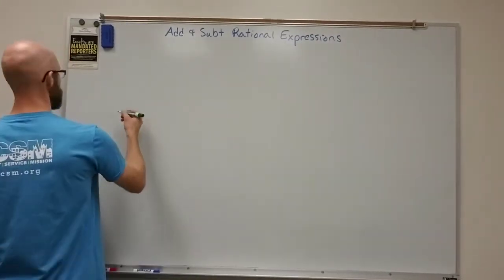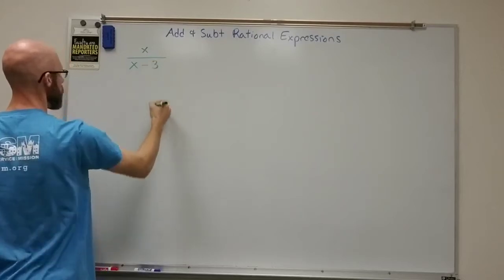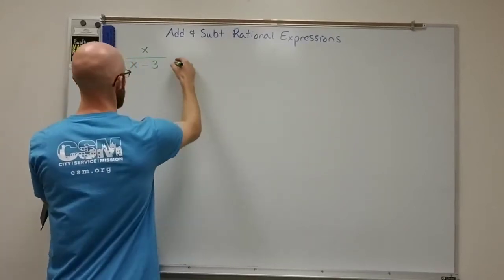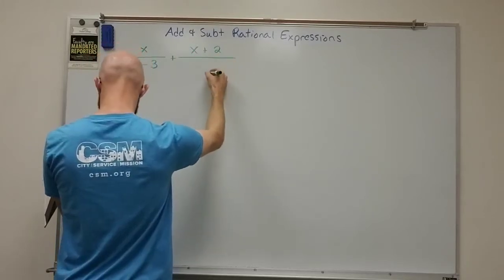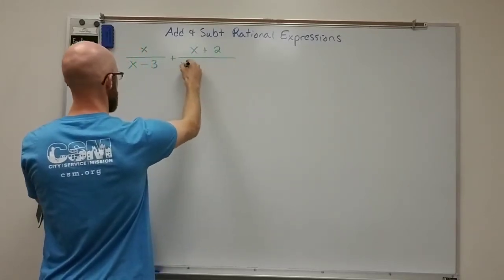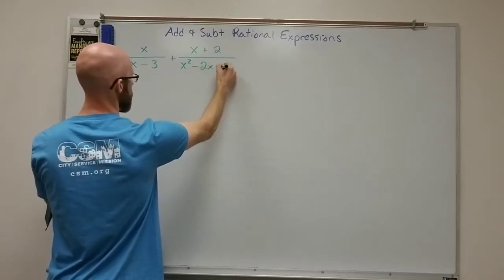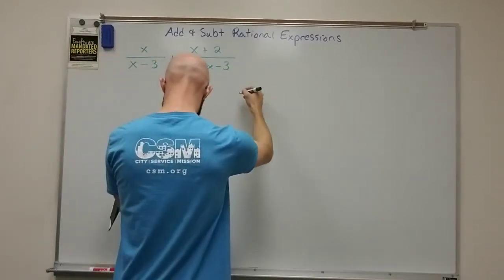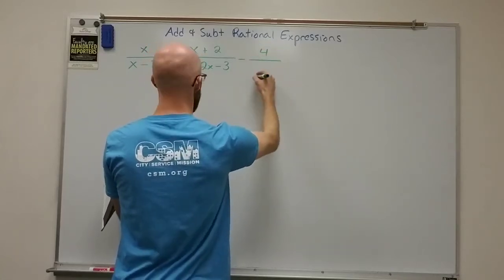Let's do x over x minus 3 plus x plus 2 over x squared minus 2x minus 3, and then minus 4 over x plus 1.